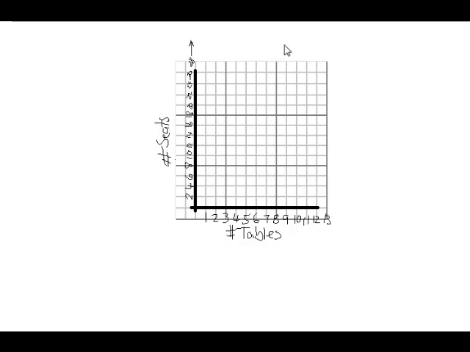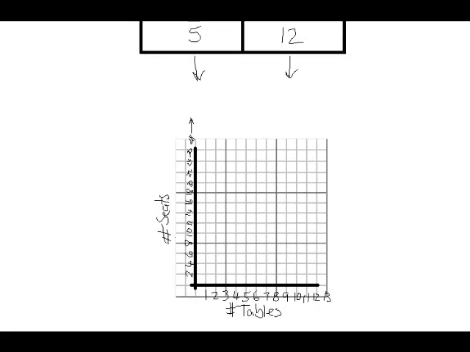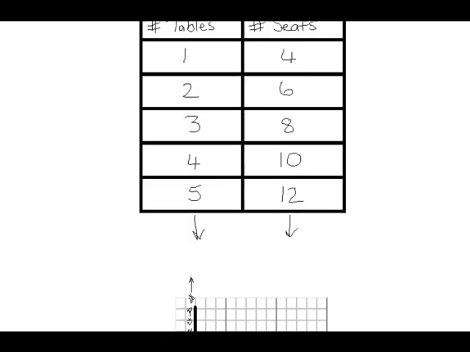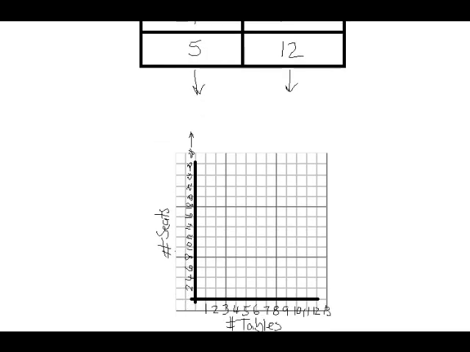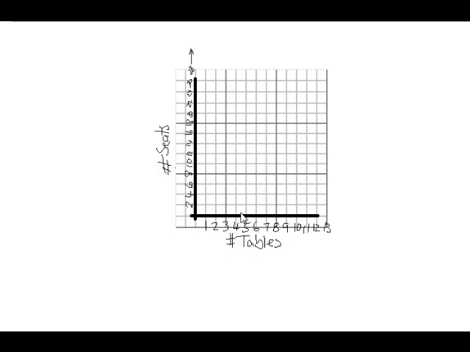Okay, now from the information that we've got in the table, we can draw a graph. So if we just skip back up a little bit to the table, we can see that our information is 1 table, 4 seats, 2 tables, 6 seats, 3 tables, 8 seats. So I'm going to put that in. I'm going to say 1 table we had 4 seats.